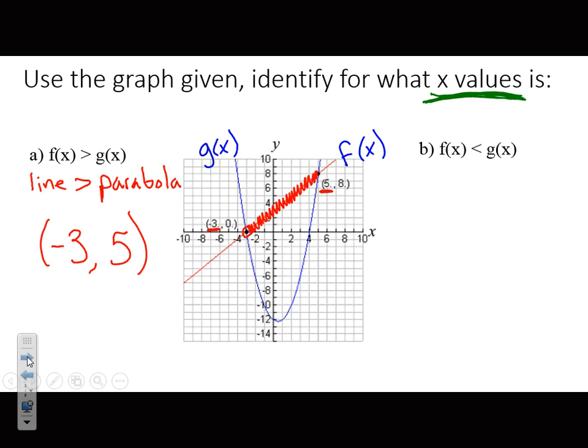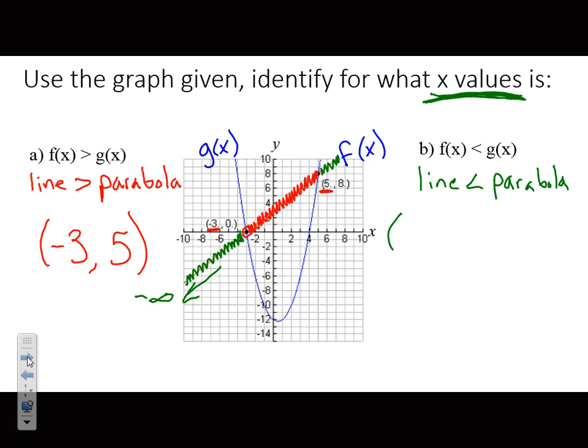Now on this one over here, we're saying when is the line less than the parabola? Less than, that's going to be on the outside. So all of this down here is less than, and all of this above the parabola is less than. Since this goes on and on in this direction, we have negative infinity over here.